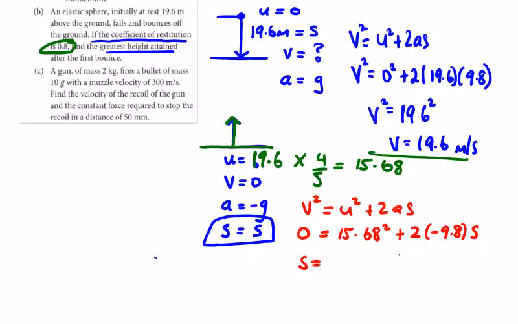So s is equal to 15.68 squared over 19.6, and typing this into a calculator, s is equal to 12.544 meters. That's going to be the greatest height attained after the first bounce.